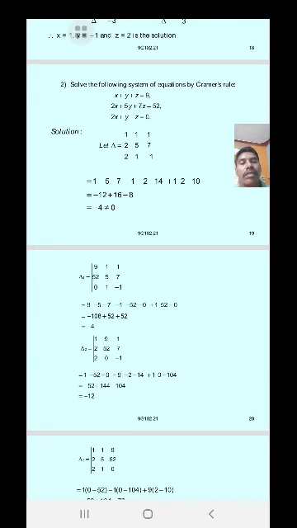So delta 2 we can write as the determinant with rows 1 2 2, 9 52 0, 1 7 minus 1. In delta 2, the second column is changed, that's why we say delta 2. Here also, the same, expanding by R1, and the brackets are not visible or not showing, we have to keep them.